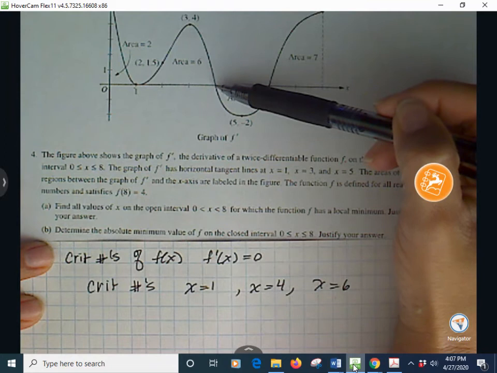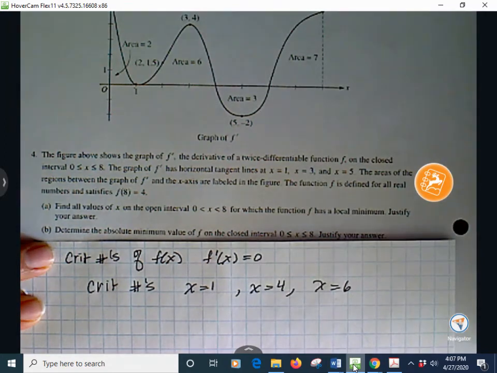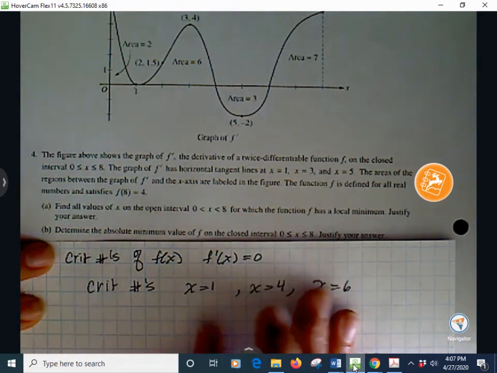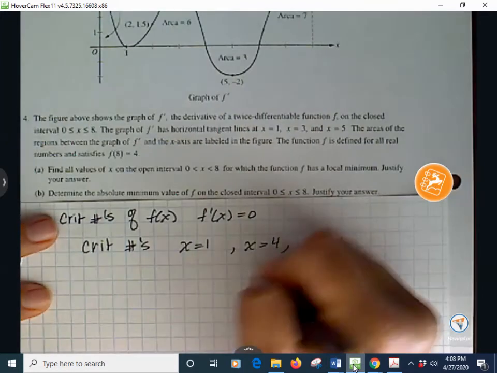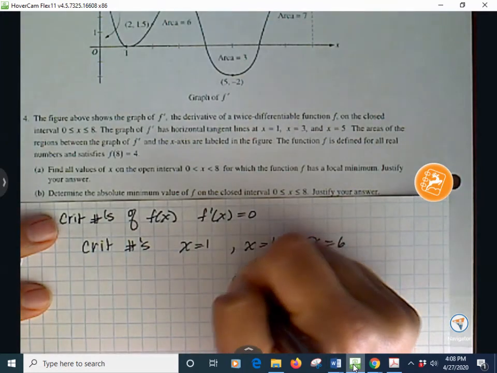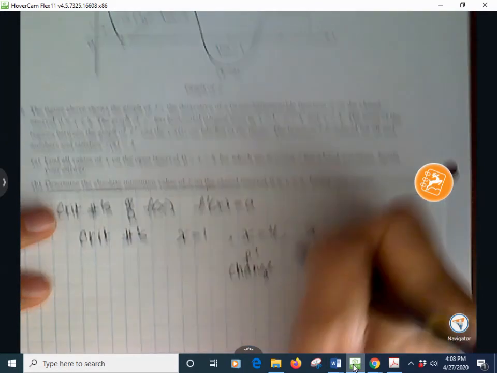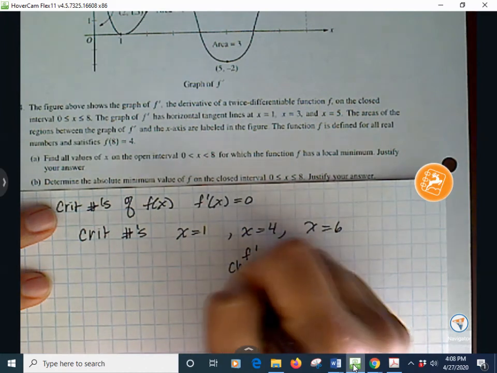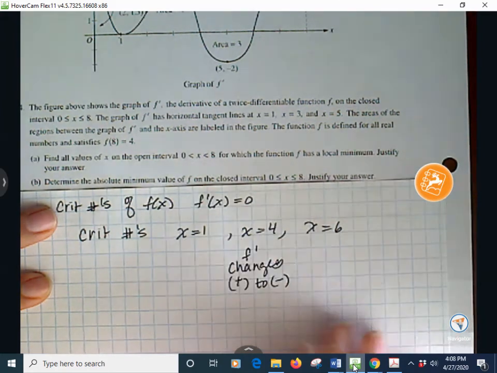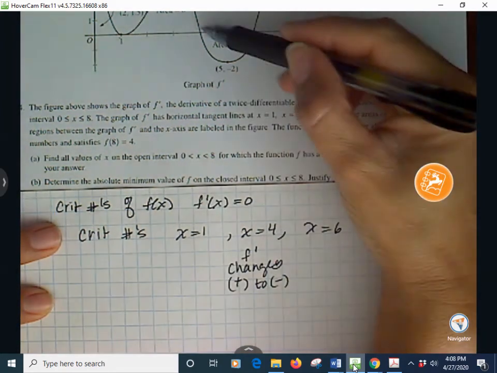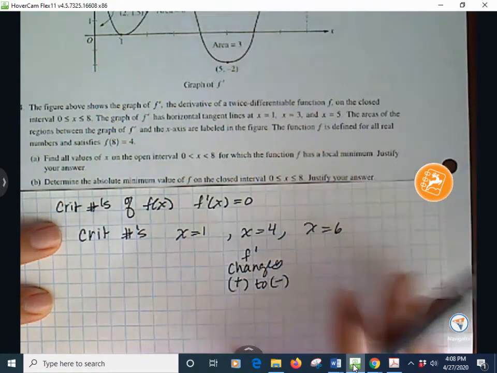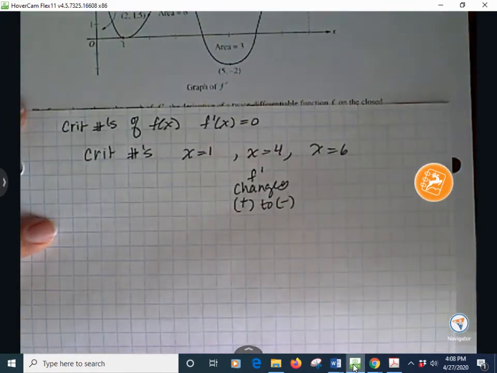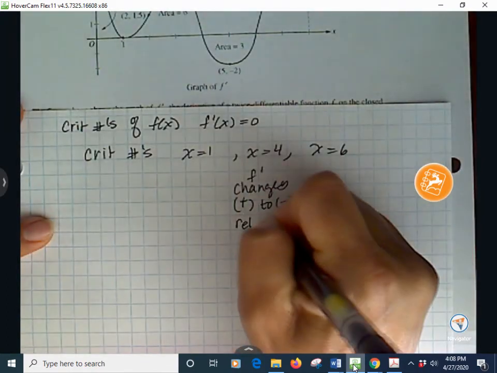X equal to 4 is our first x value where it changes signs. So that is the first place where we would have a relative extrema. It changes from positive to negative. If the y values change from positive to negative there, then that would be a relative maximum.